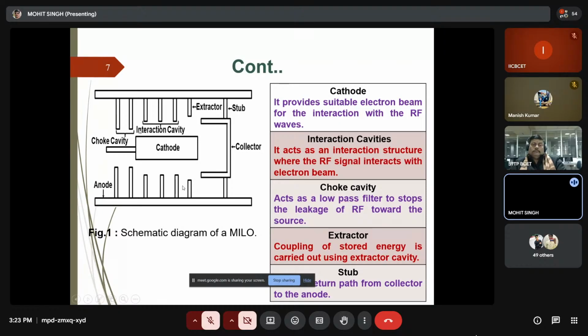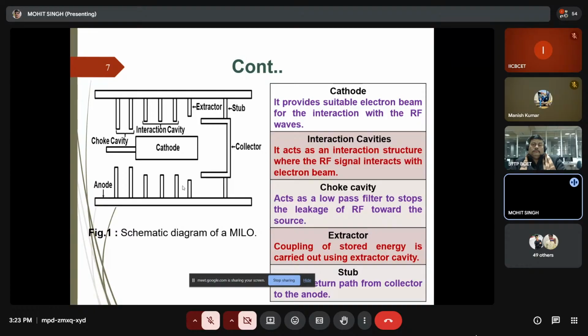Means these electrons are explosively emitted from the cathode surface and create a plasma, and that plasma is the source of electrons. The voltage required for that potential difference is more than 400 or 500 kilovolt.